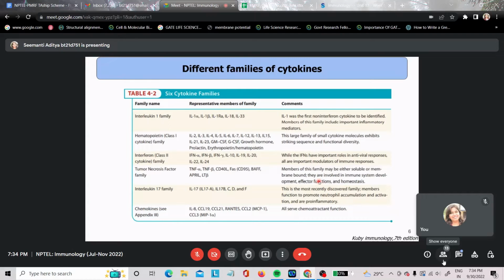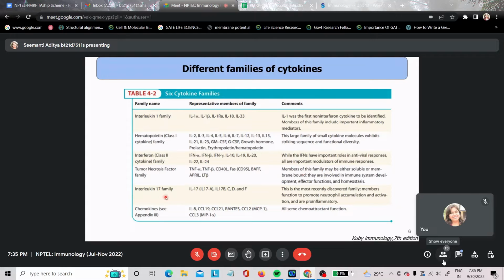To build a better response against pathogens, TNF level should be well maintained. All kinds of stronger immune responses against any pathogen are provided by the TNF family of cytokines.